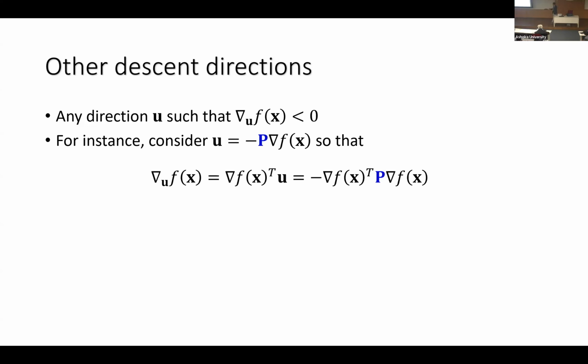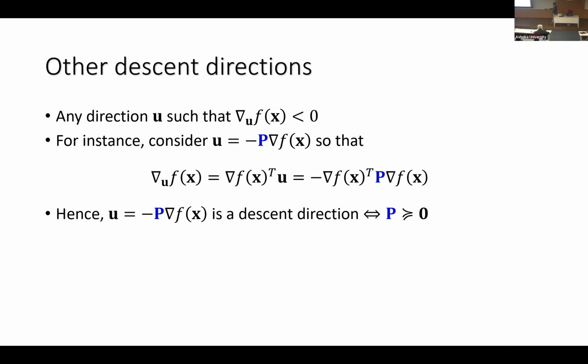The directional derivative is given by gradient transpose u, which is minus gradient transpose P gradient. Now, when is the directional derivative negative? So u is a descent direction whenever this is negative, and this is negative when P is positive semi-definite.